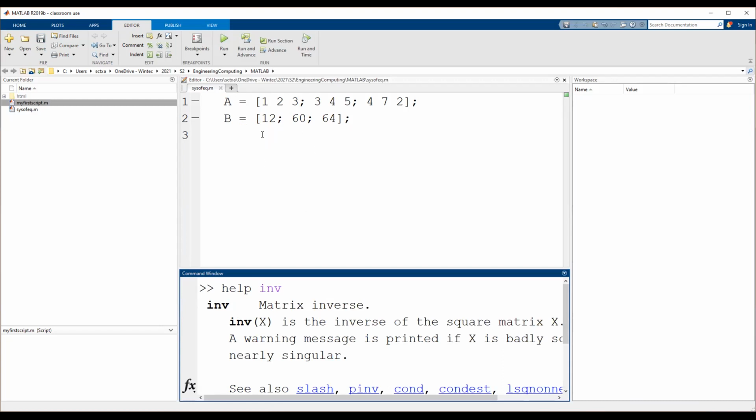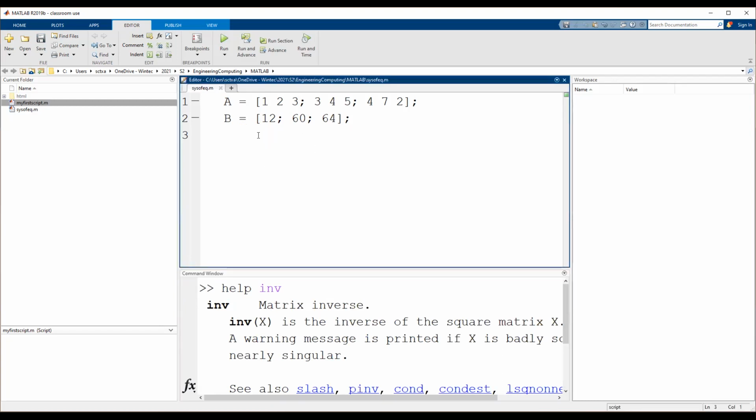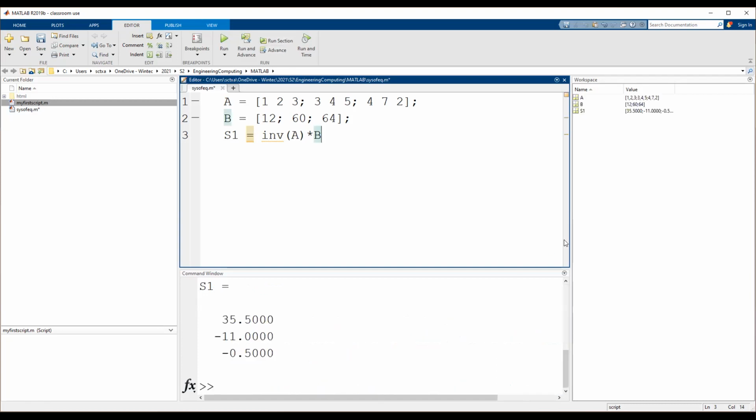Now let's say my first set of solution is equal to inv of A multiplied by B. I will execute this one and we'll see the answer. See, so now these are my answers.